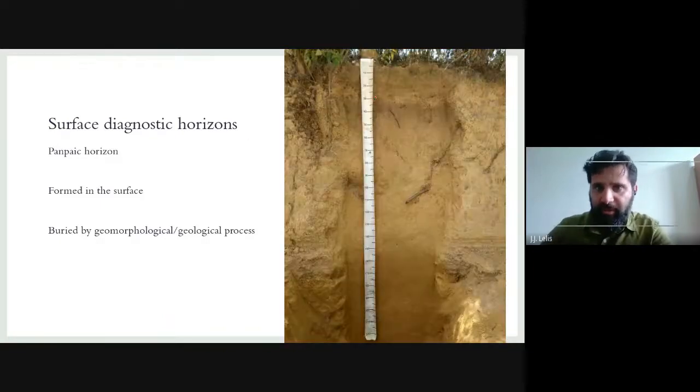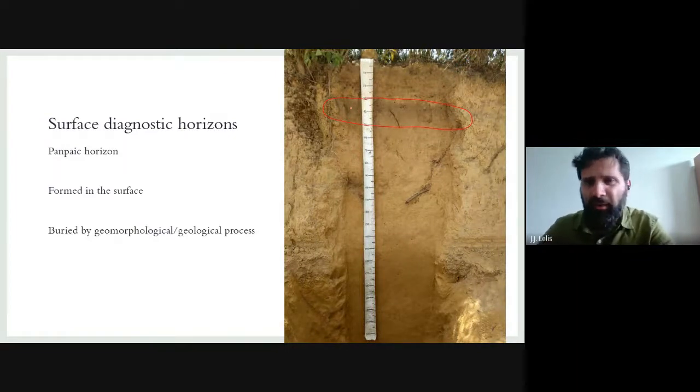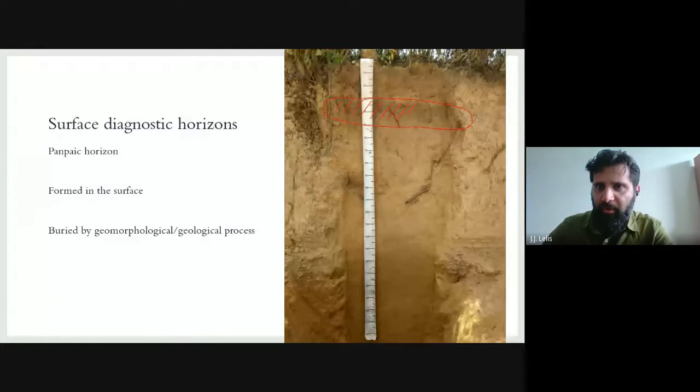Like in this picture too, it's not so dark like in the last picture, but we can easily see here a darker color than even in the surface horizon, or here this thin layer.